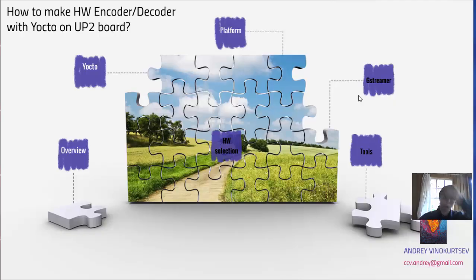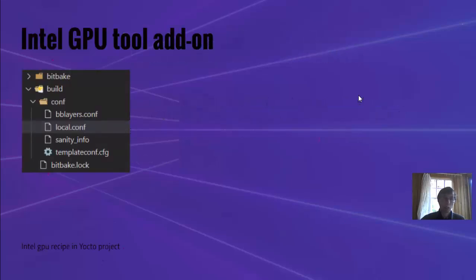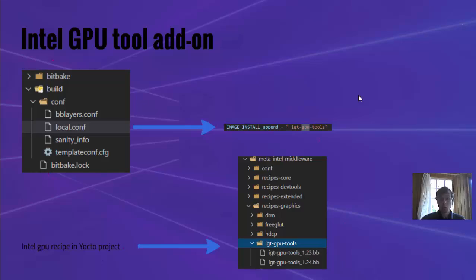So this was about GStreamer, and the last bit is the tools for how you can actually see the GPU in action. On VAAPI you can use Intel GPU tools. It's a package that you need to enable in the Yocto project and build with. To do it, you need to change the local.conf file to add Intel GPU tools.